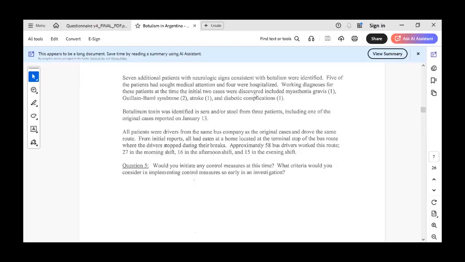If it was a one-time exposure, that is a different thing than if you think that the home or the place where the food sources are, that they're still preparing that food, so you will have continued exposure. And also how easily control measures can be implemented. Does it require a nationwide action? In this case, it's more or less localized, so that makes it a little bit easier.